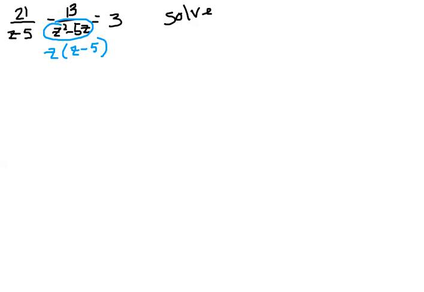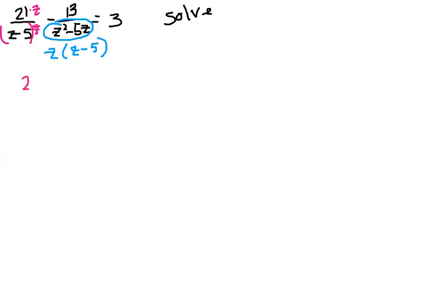So the only thing you would have to do to the left one is to multiply both the numerator and the denominator by a z. You don't have to do anything to the 3 because you didn't change the entire equation. You only changed the way that first term looked. You didn't change its quantity.